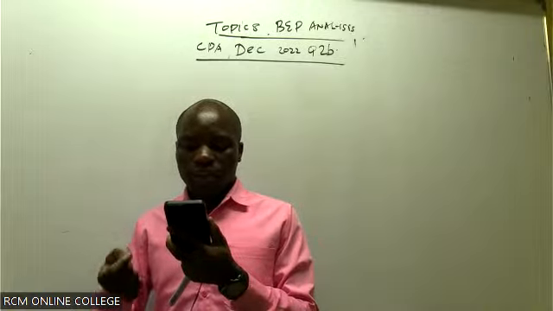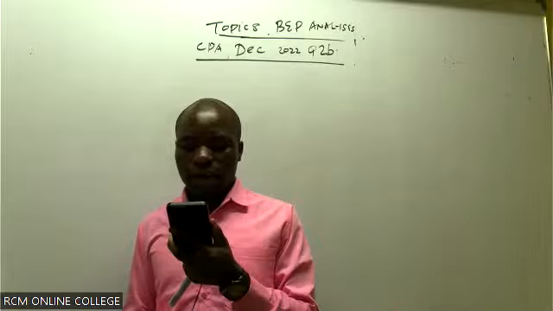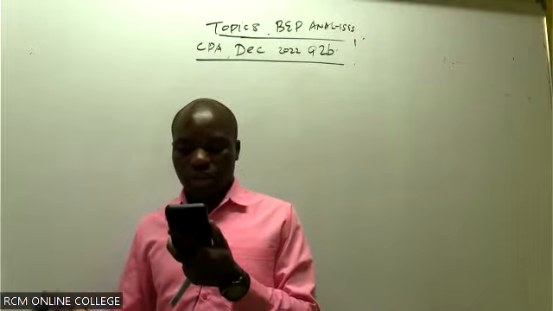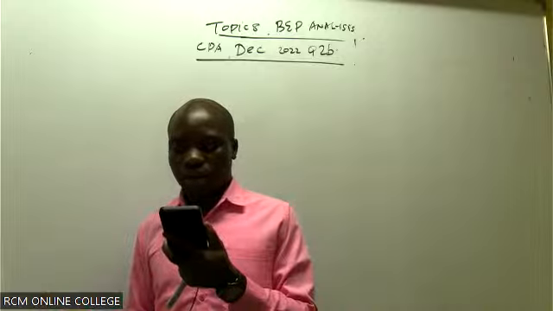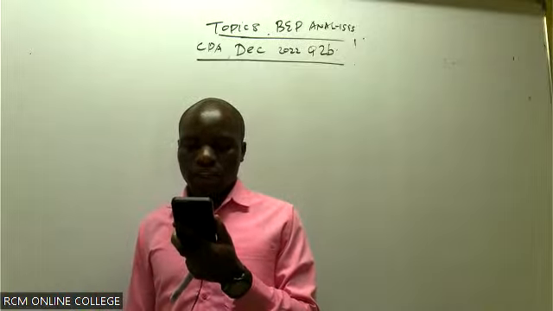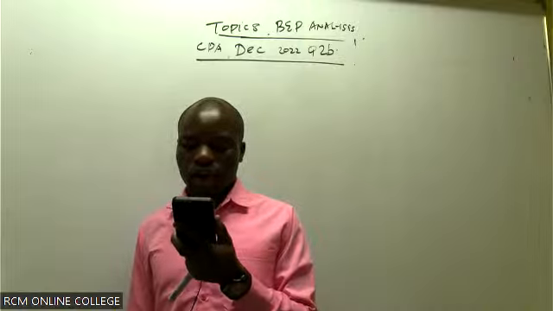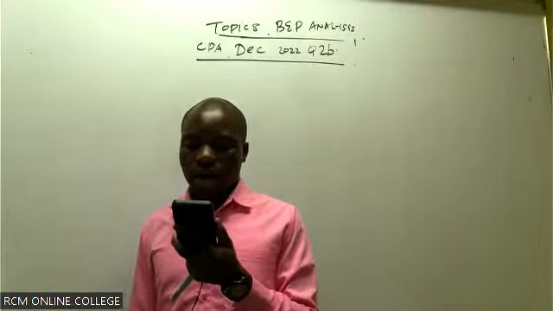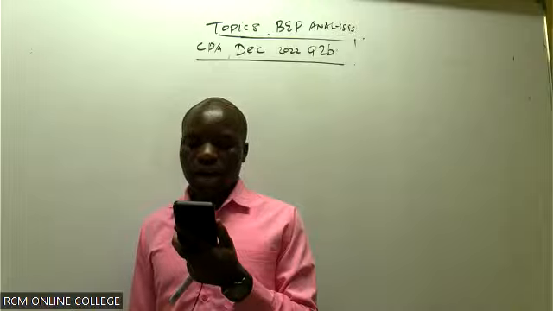Then we have fixed production cost per unit. Maximum sales demand for the month, we have 1,000, then 3,000 units. Additional information number 1, the fixed production cost per unit is based upon an absorption rate of shillings 200 per direct labor hour, and total annual production activity is 90,000 direct labor hours.